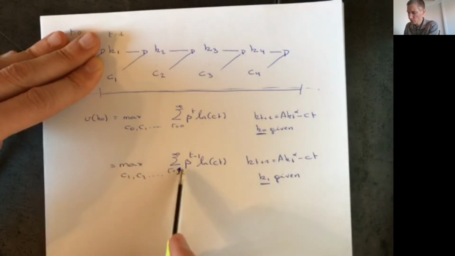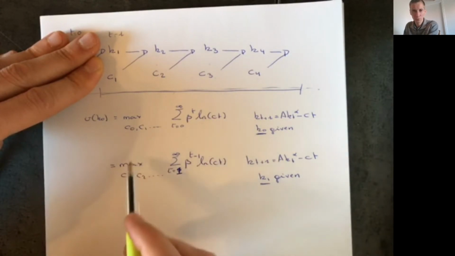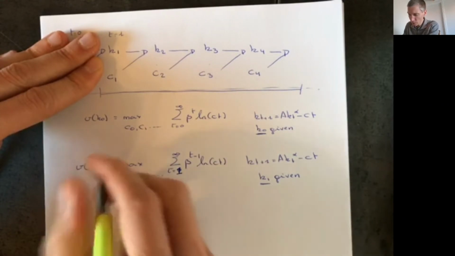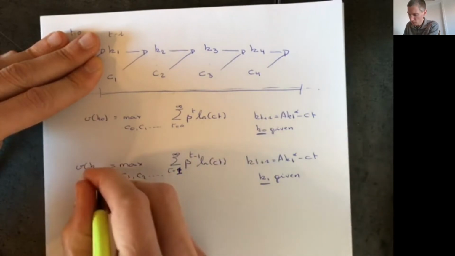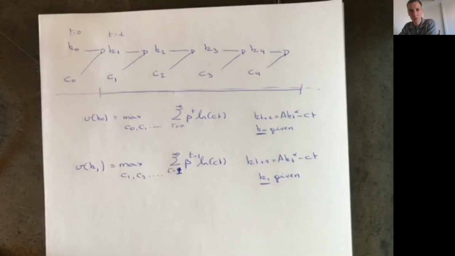Okay, so if I look at the similarity between these problems, then I have to convince myself that this is the value of the same problem as I have here, but now instead of starting at k0, at k1. Okay, so this is the problem here.